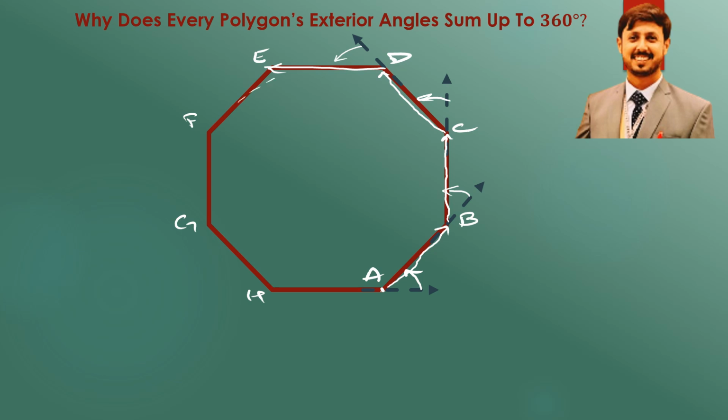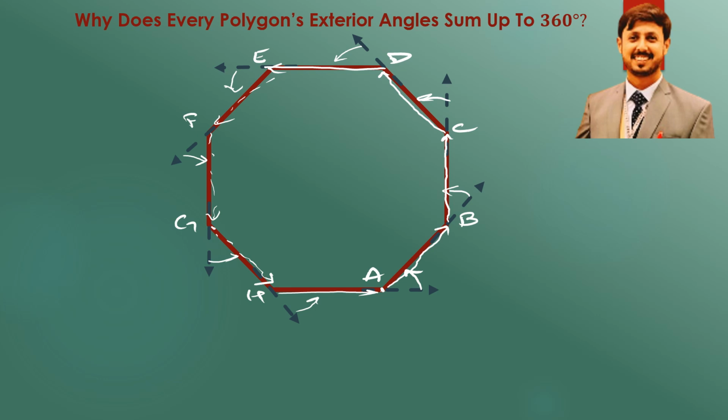Similarly, from E to F, you bend yourself up to this angle, and in the same way from F to G, you bend yourself up to that angle. While moving from G to H, again you bend yourself in this way while moving along the polygon. From point H to A, again you bend yourself, and now you are again at point A.